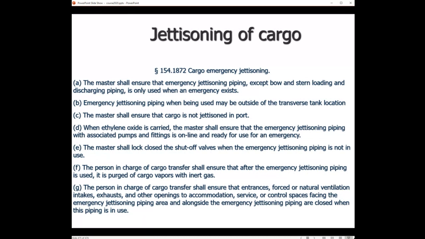I don't need to explain that this is an extremely dangerous operation, and that this will be only done when there is no other option. Normally, you have a specific piece of pipe on board that you can connect to the manifold in order to discharge the cargo under the seawater level, so that you pump directly into the sea and not into the atmosphere.